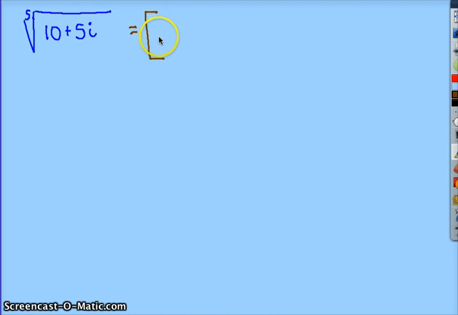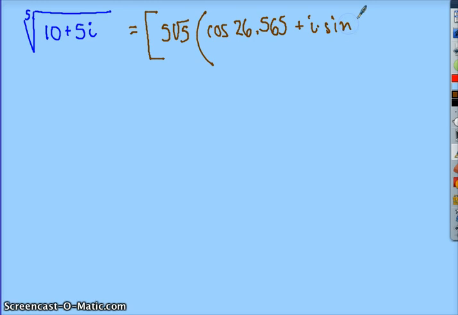Again, using my calculator, I find that 10 plus 5i in polar form, the modulus is 5 square root 5, and our argument is approximately 26.565 degrees. Again, when we're dealing with trig, you really need to be careful about not rounding just to one decimal place.